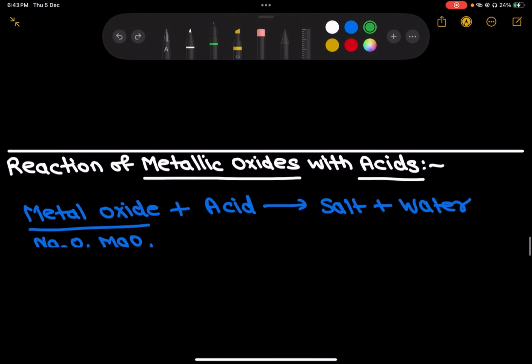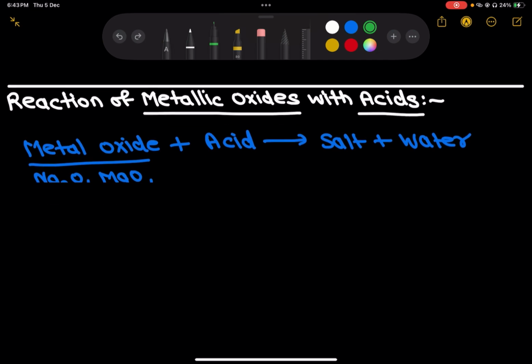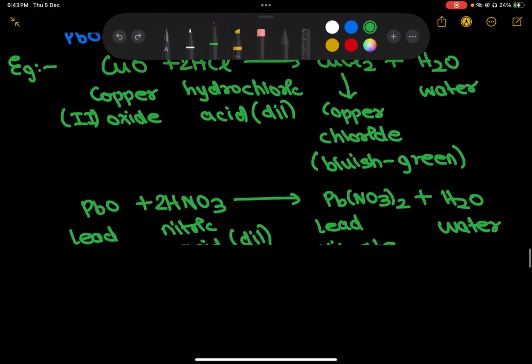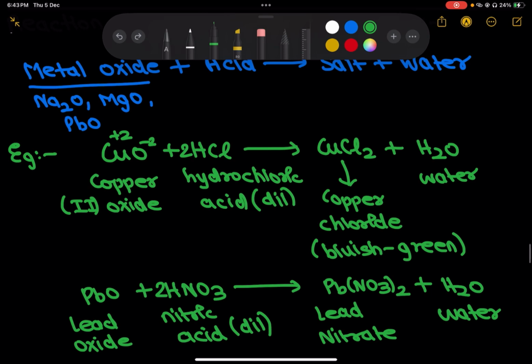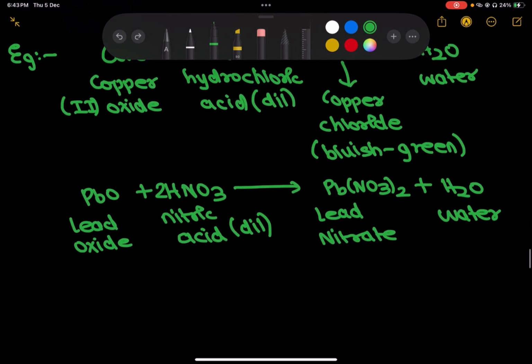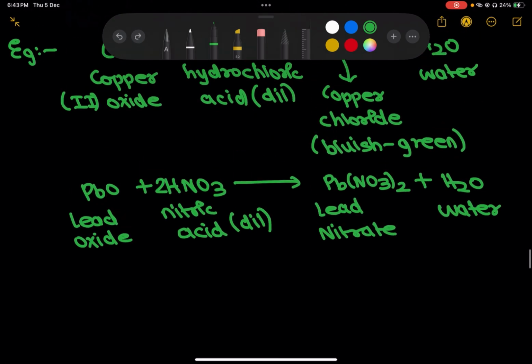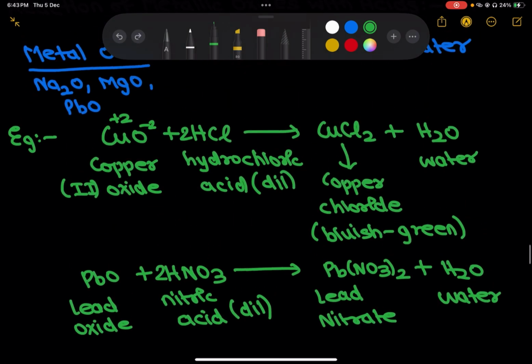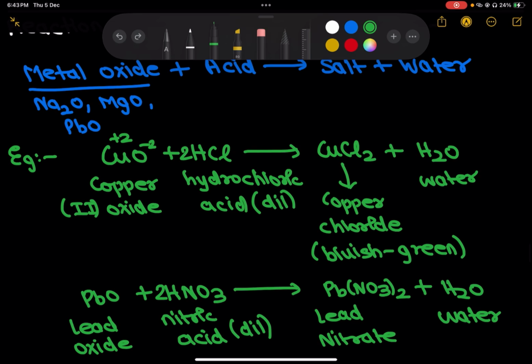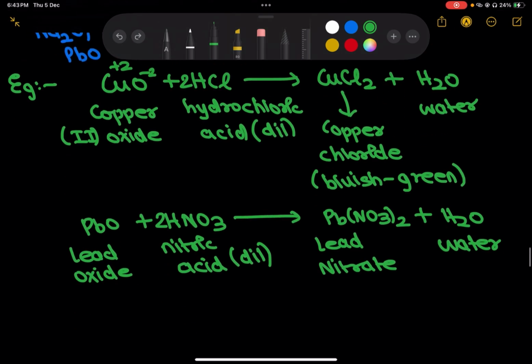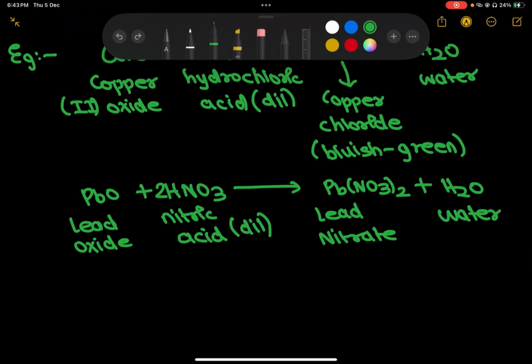And here metallic oxide plus acid forms salt plus water. So I think we can conclude from this that metallic oxides behave like a base, or they are said to be basic oxides. Due to this very reason, that it acts like a base when it reacts with acid and forms salt and water, metallic oxides are known as basic oxides. So this is important, right?